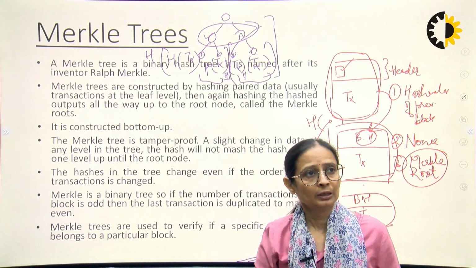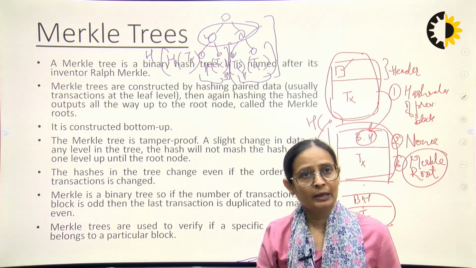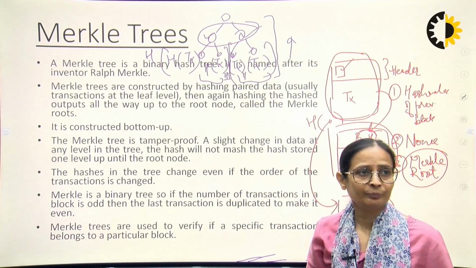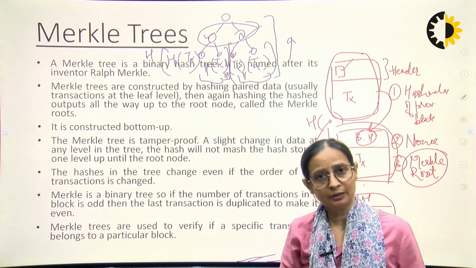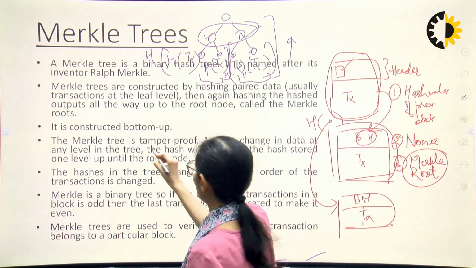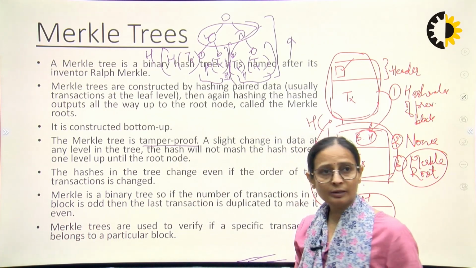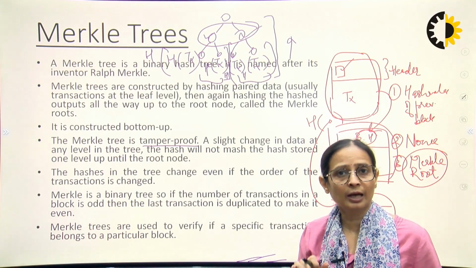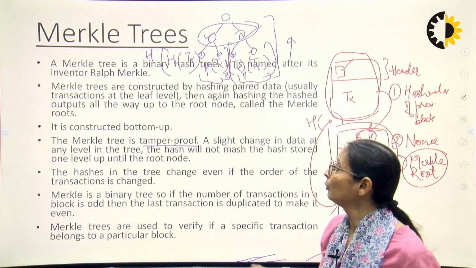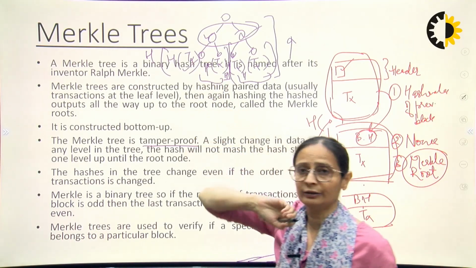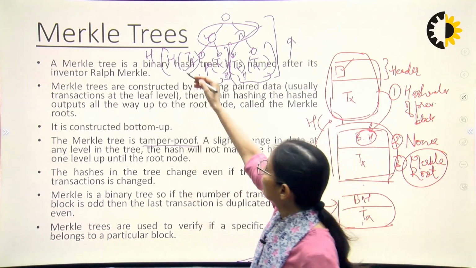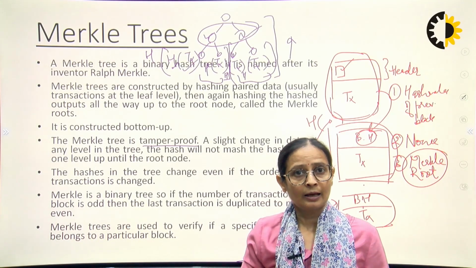So this is how Merkle trees are constructed, and they are constructed in a bottom-up approach. A Merkle tree is tamper proof. Why are we saying tamper proof? Because here we are storing the hash values of the transactions, and suppose this is my original transaction, and an attacker modifies this transaction, then automatically this hash value gets changed.